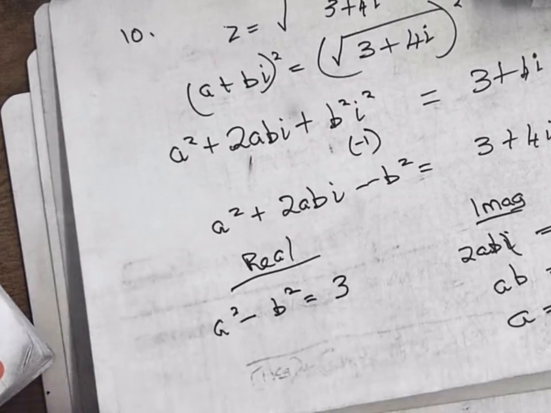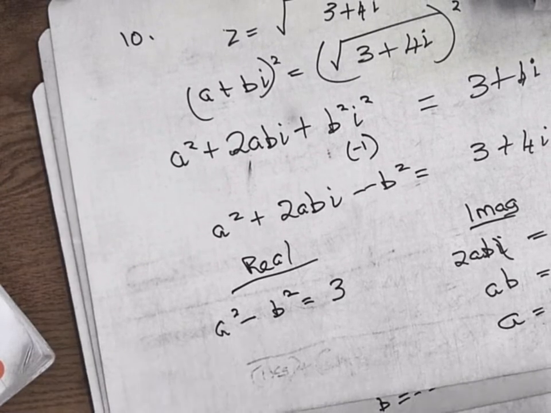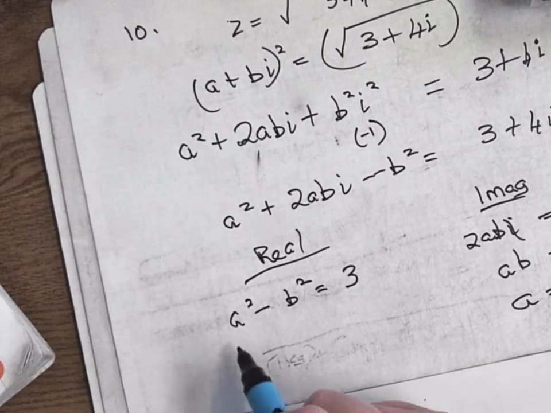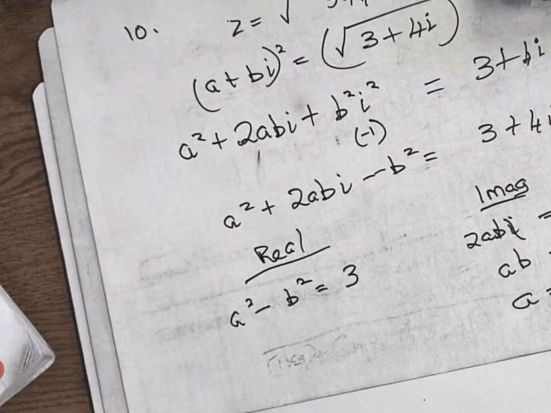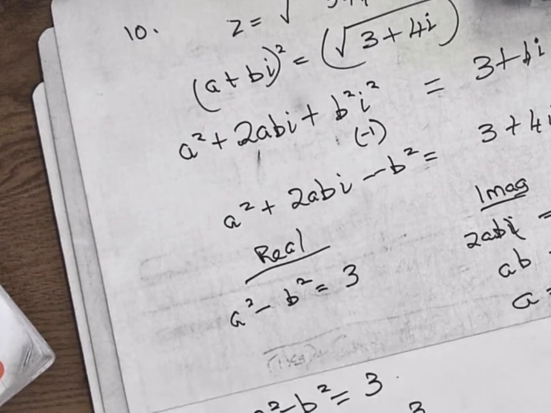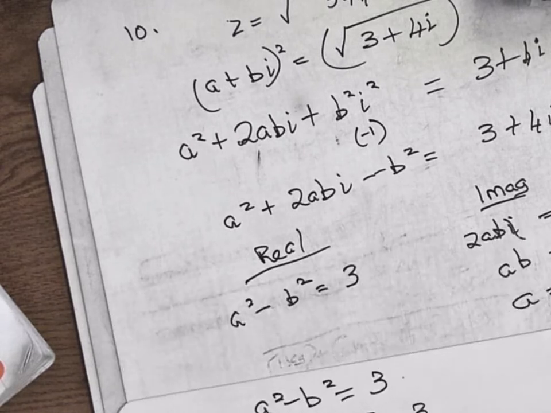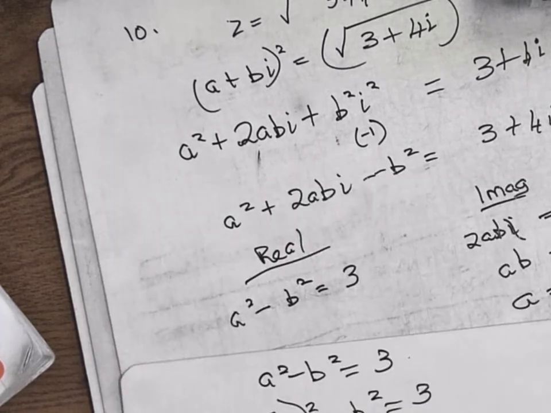So over here, a squared minus b squared. Everywhere I see an a, I'm writing in a 2 over b, so it's 2 over b all squared minus b squared equals 3.